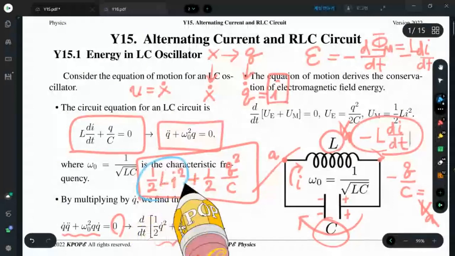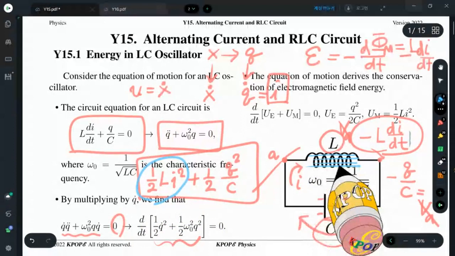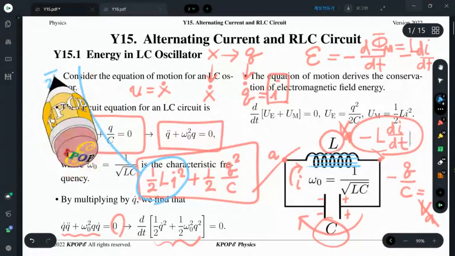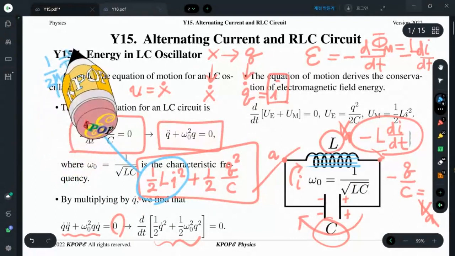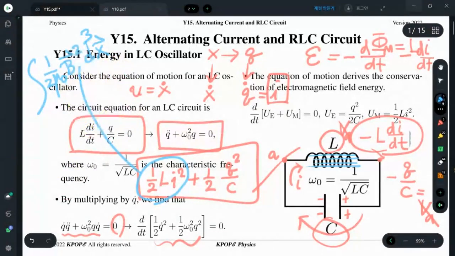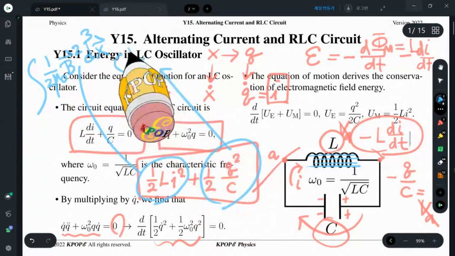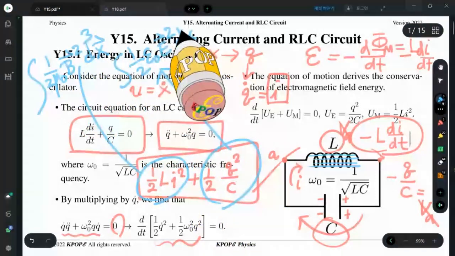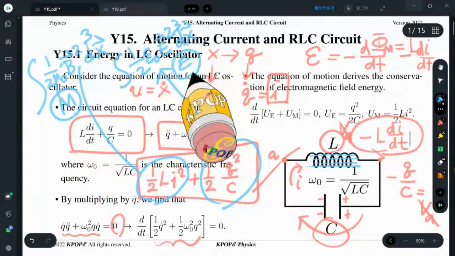This is the magnetic field energy saved inside the solenoid, the inductor. This is nothing but 1/2 mu 0 magnetic field squared integrated over space. And this is what? This is the electric field energy density integrated over space. So this is magnetic field energy and this is electric field energy.